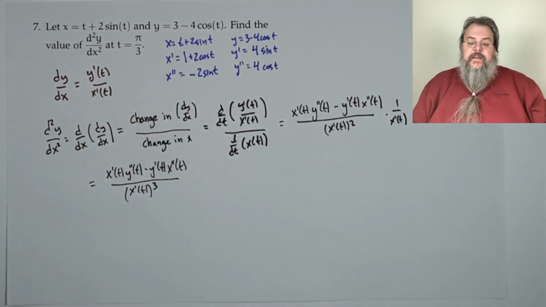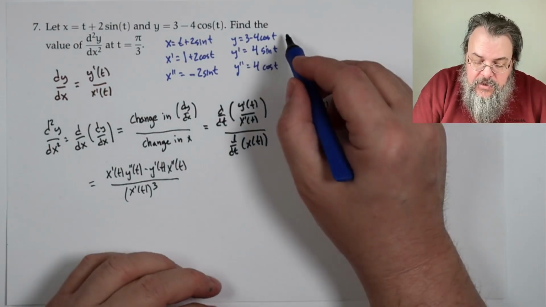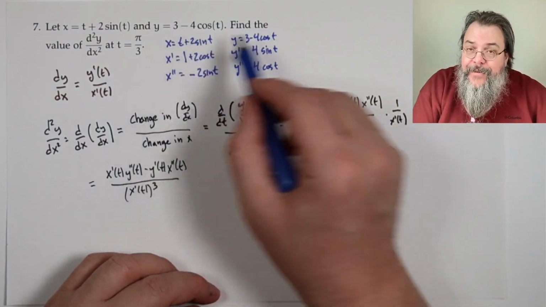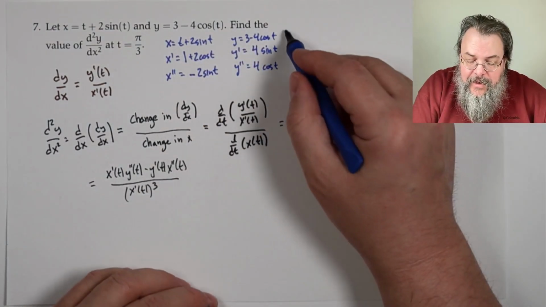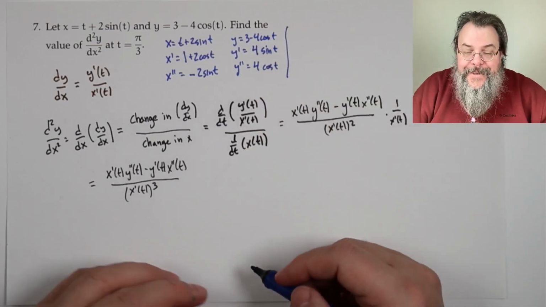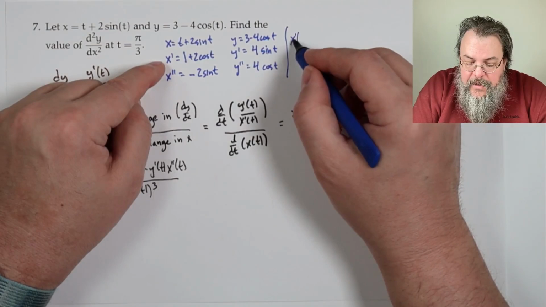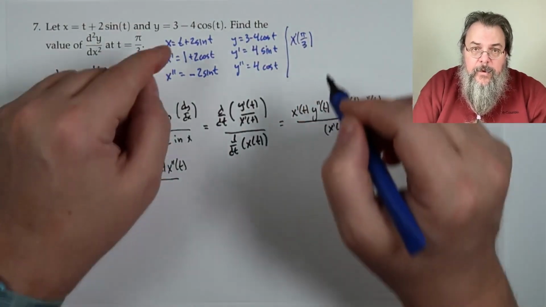Okay, and all right, well, let's go ahead. Now, no, we don't need to know x and y. These all involve primes. So let's plug in, right? X prime of pi over 3. Okay, so what would that be?